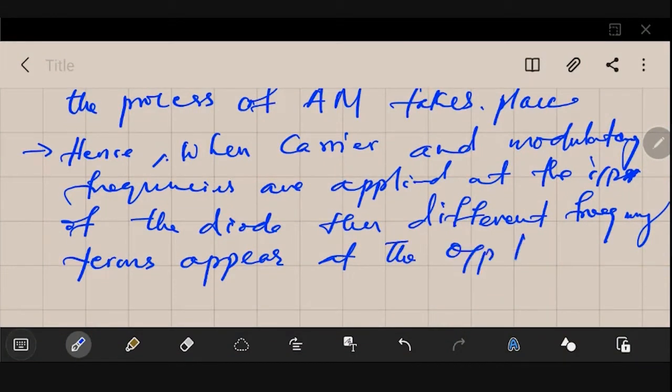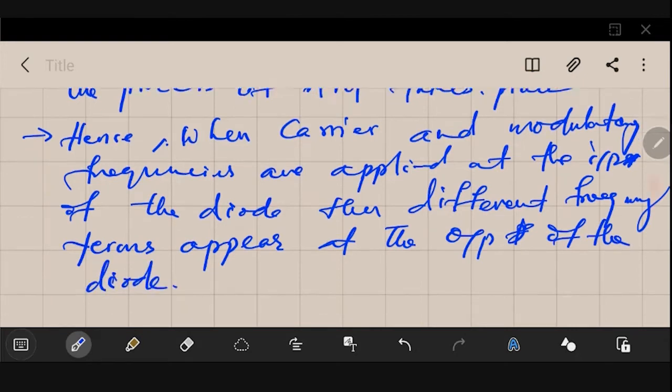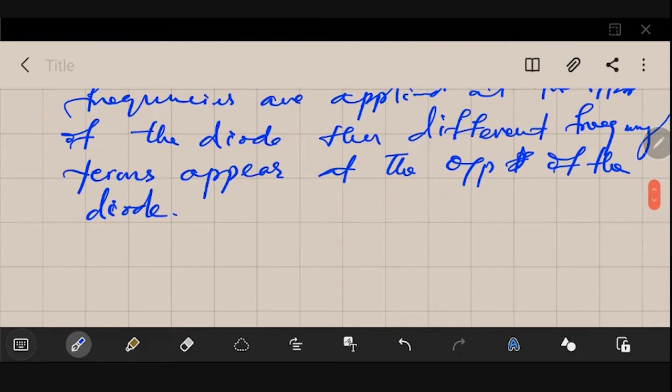From those different frequency components, we have to keep certain components and block certain components. That's why that tuned circuit is there.